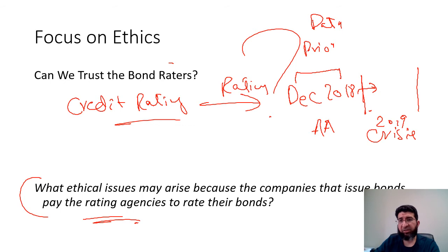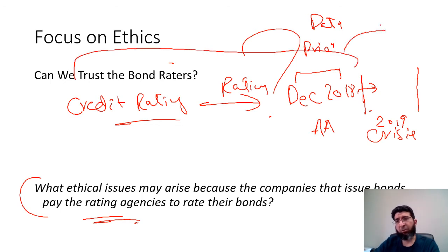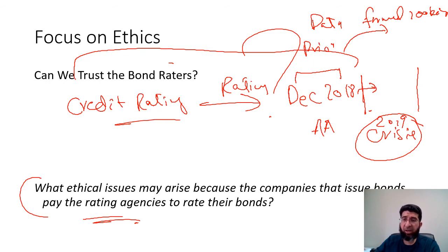So the bond raters work on the historical data with some level of forward-looking models that they are using. However, largely crisis or severe crisis like the 2008 financial crisis, which is also called the subprime mortgage crisis or the global crisis, after that there was a severe recession, and later on we have this pandemic. These crises could not have been foreseen by the credit rating companies.